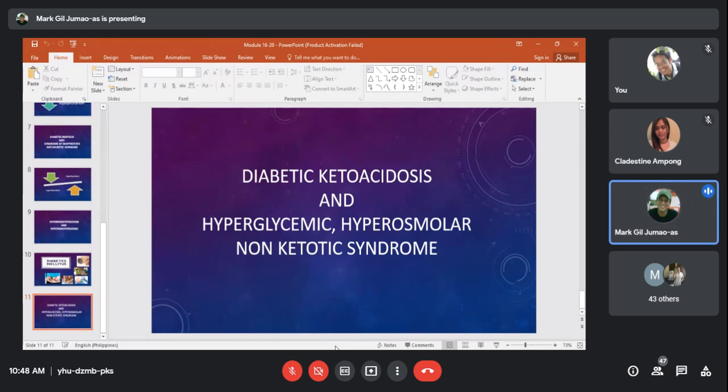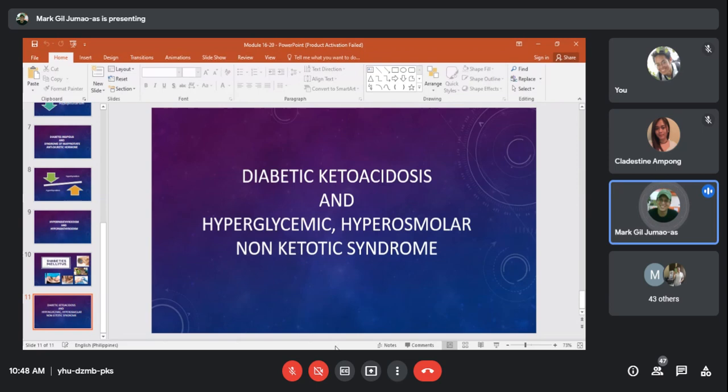Okay? While your HHNKS or your hyperglycemic hyperosmolar non-ketotic syndrome, this is for type 2 diabetes mellitus in such a way that excess of sugar within the body. So hyperglycemia ang atong pasyente.